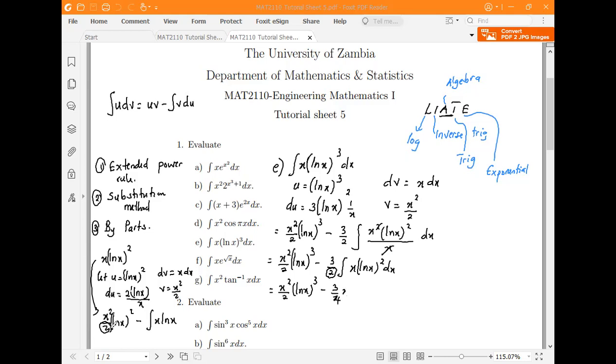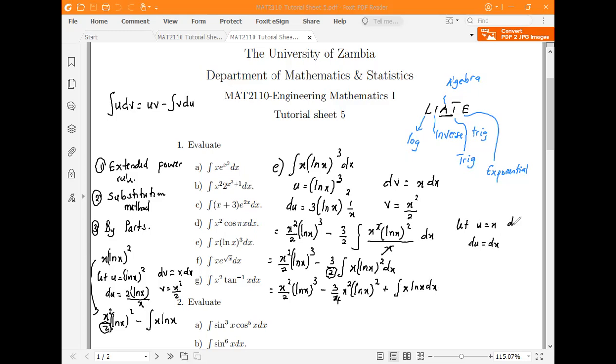And then x squared ln x squared. And then there's a minus, and the other minus coming, so the inside becomes plus. And the integral of what? x dx.